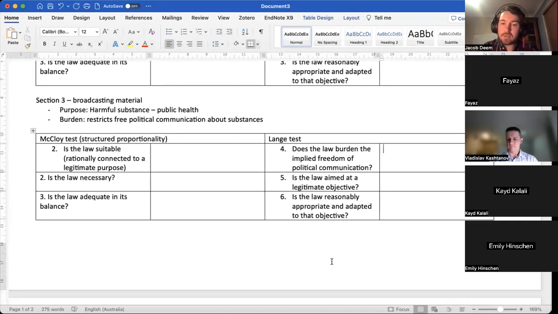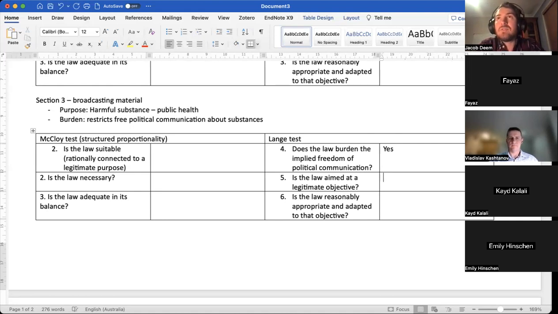So under Lang, the first question we need to ask ourselves is, does the law burden the implied freedom? Yes, we've just discussed that it does. The second question is, is the law aimed at a legitimate objective? So what we're thinking about here is the objective, which we've identified is around public health and restricting discussion and advertisement and promotion of these substances.